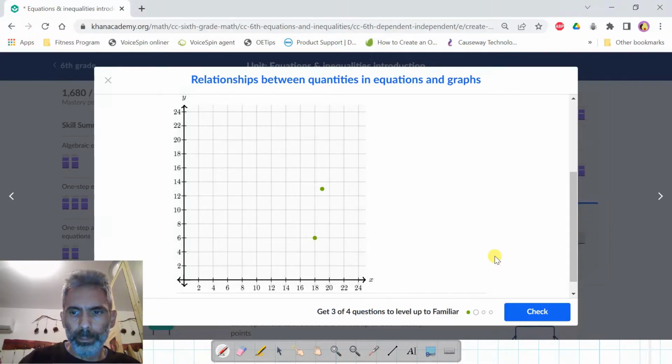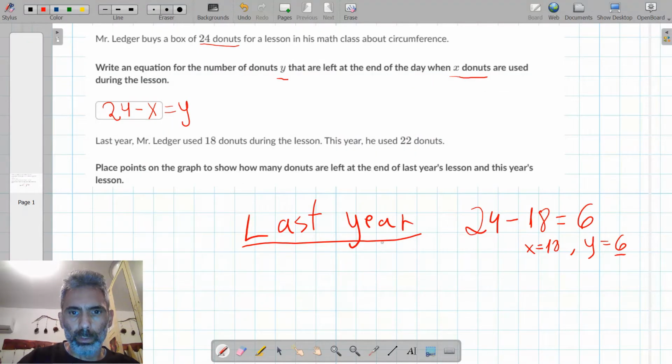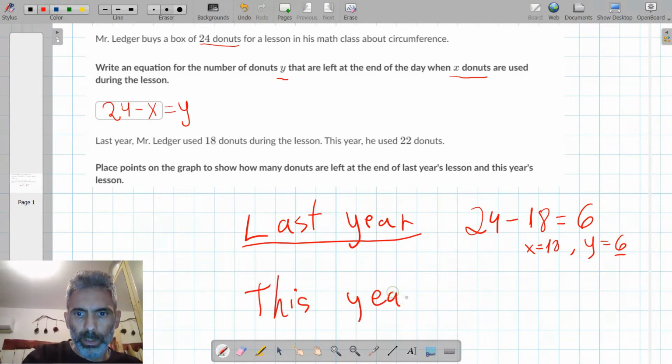And this year, he used 22 donuts. 22 is the number of donuts that are used during the lesson.